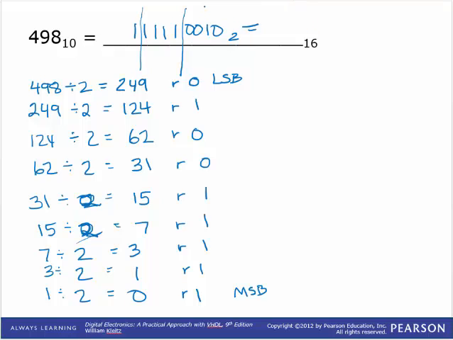So this is a 2. This is a 15. Well, what's a 15? A 15 is an F. And this is a 1. So my answer is 1F2 in base 16. So I took my base 10 number, converted it to binary, and then I converted the binary number to the hexadecimal number.